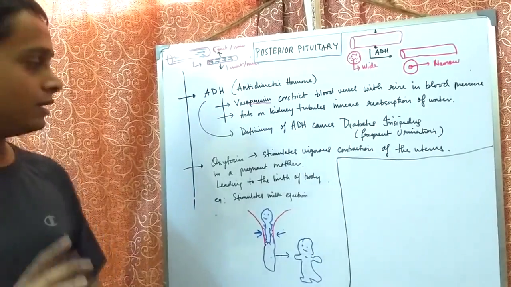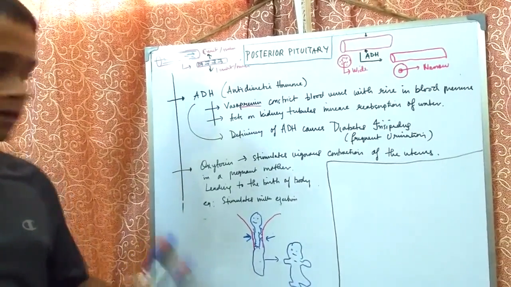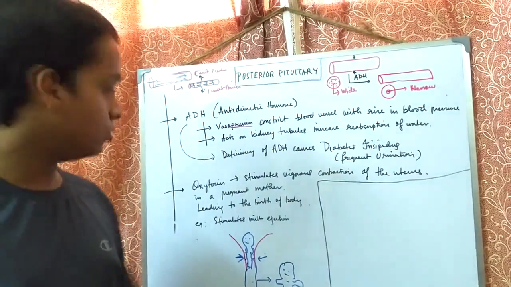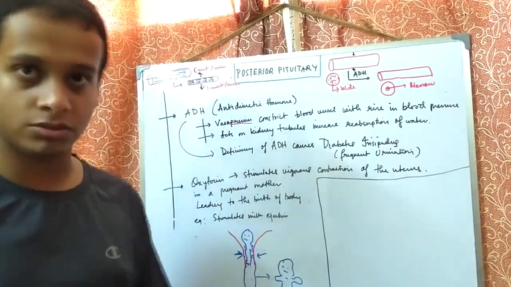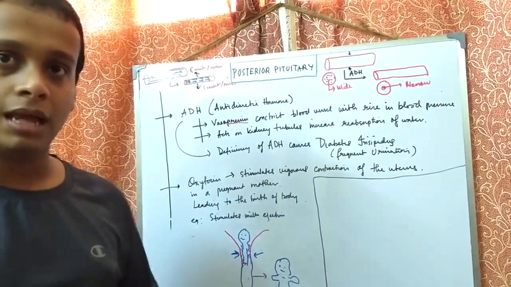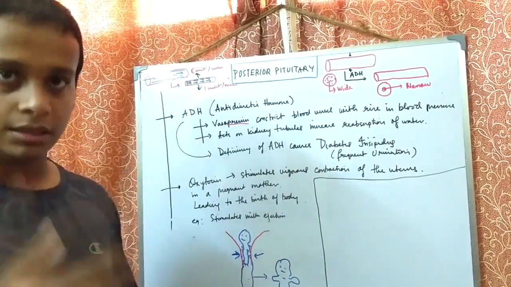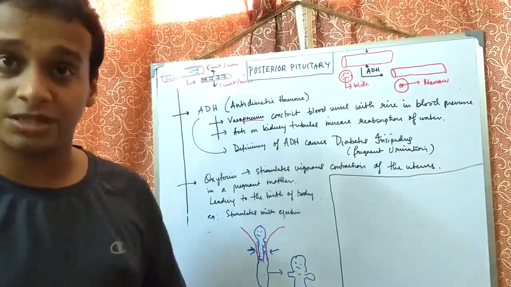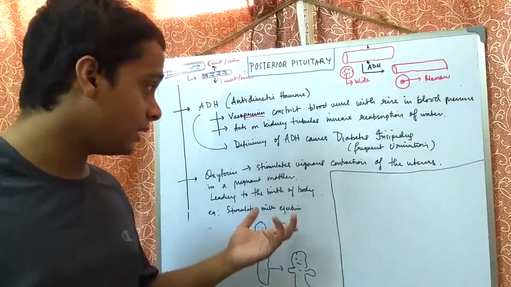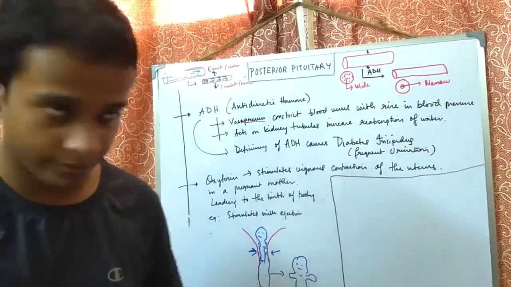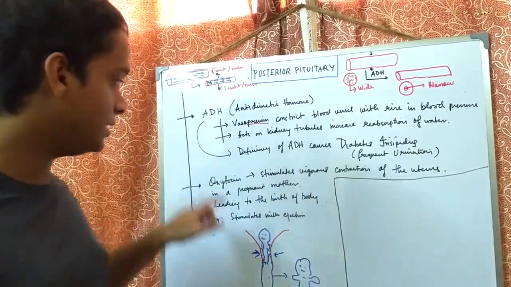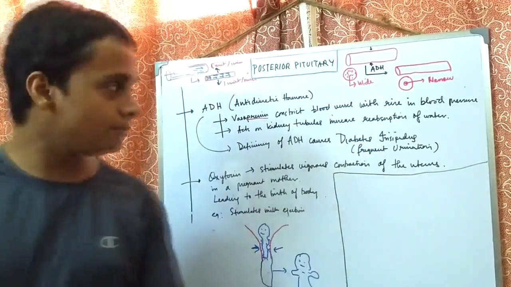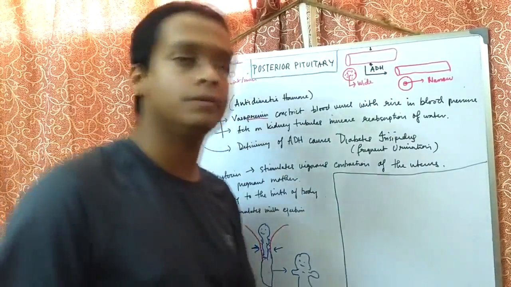After pregnancy the baby requires the mother's milk, so oxytocin is one of the hormones that stimulates milk ejection, and the mother feeds the baby using her breasts, which is called breastfeeding also. So this was all about the posterior pituitary.